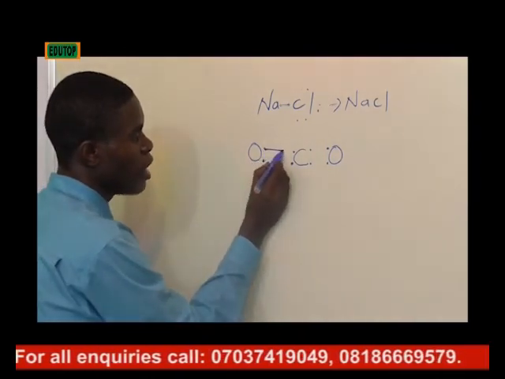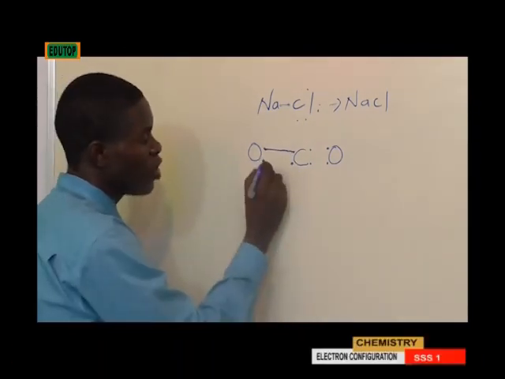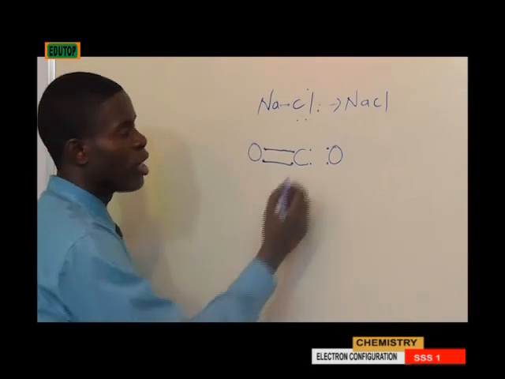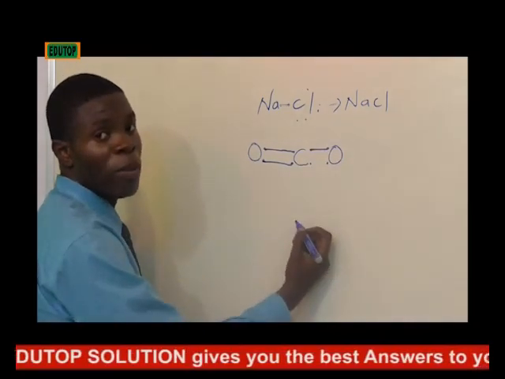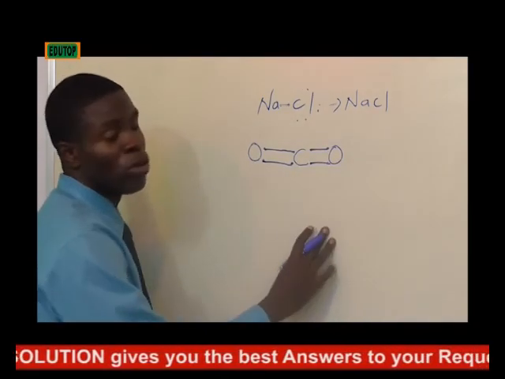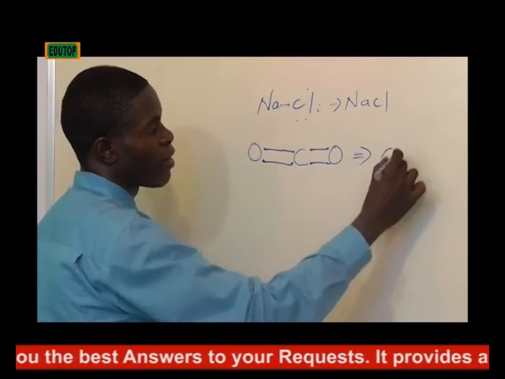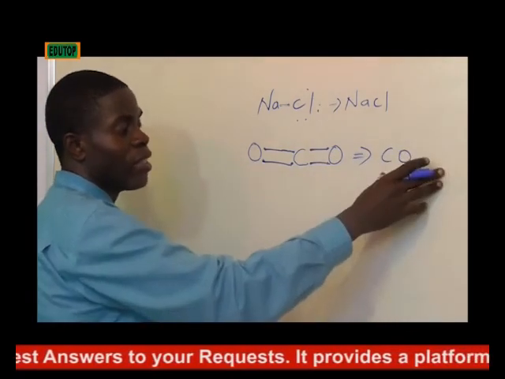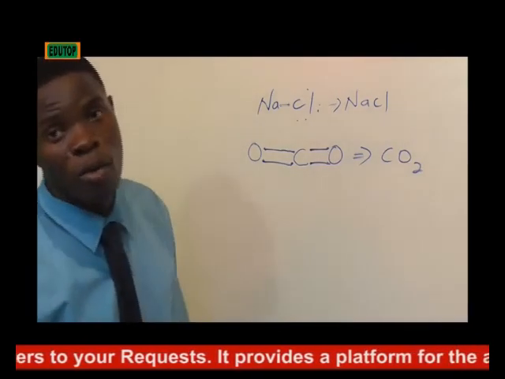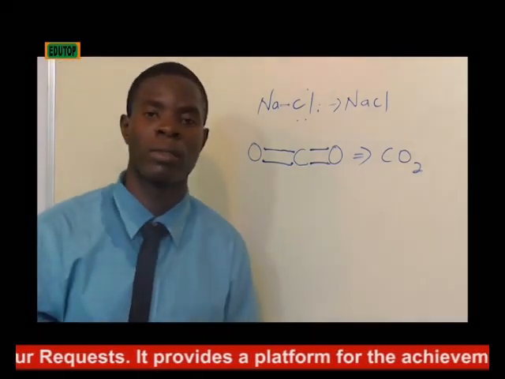So they share these electrons to form bonds. This compound is otherwise known as CO2, and this is a typical example of a covalent bond.